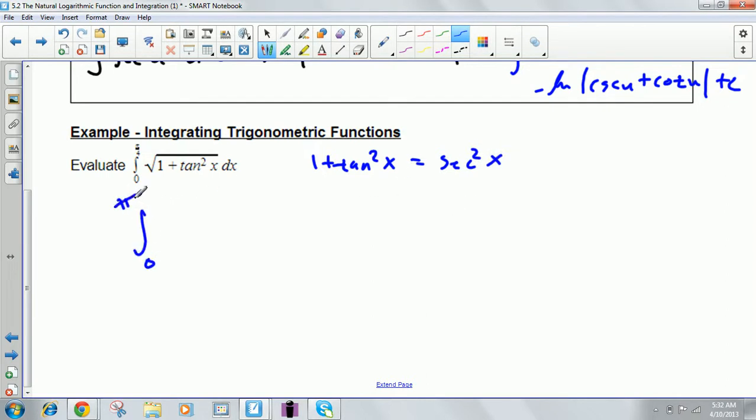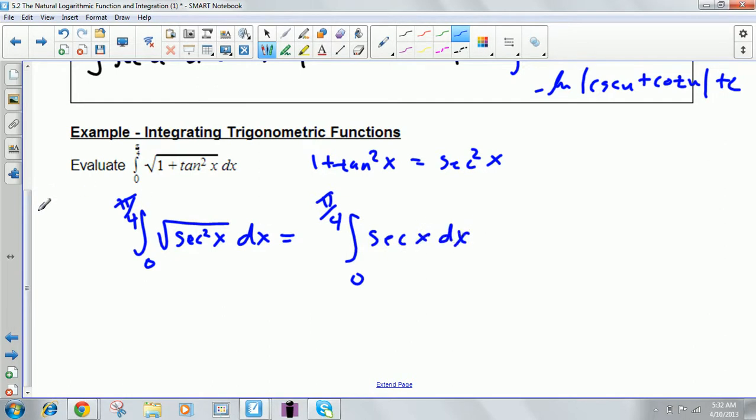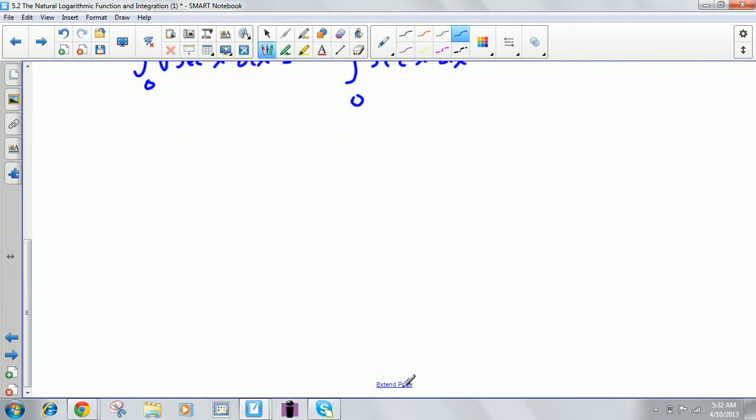And so instead of the square root of 1 plus tan squared, we can change it to secant squared. What that does for us, the square root and the square cancel, so you just have a straight up function that is the integral of secant x. And if you look just above in your notes, we know what that is.